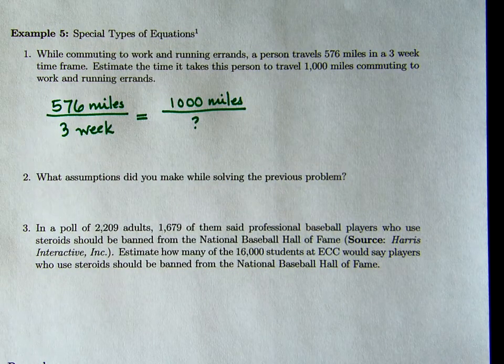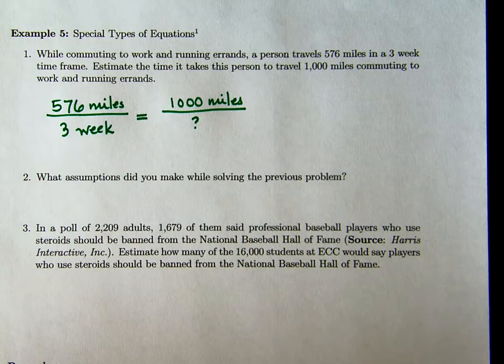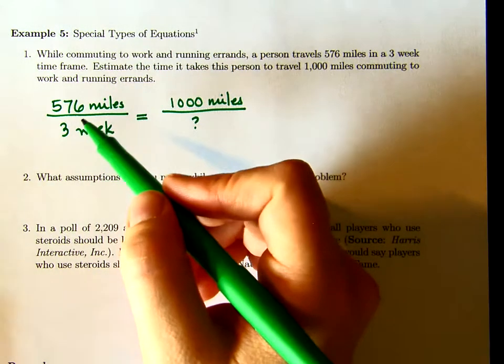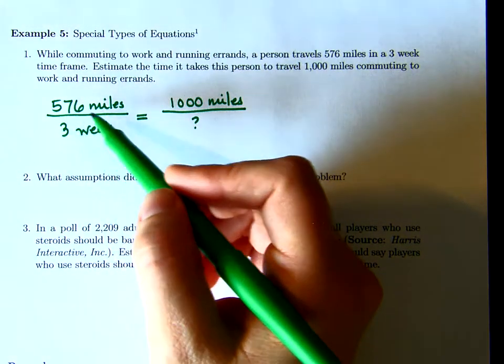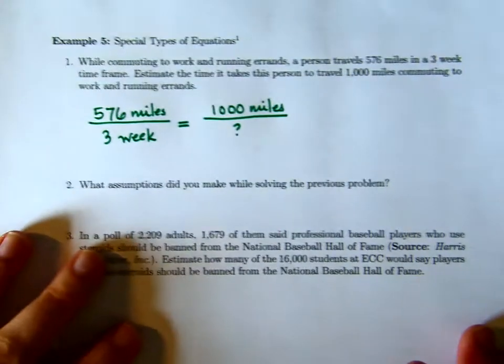Okay, so my students, they're so clever. I've had students solve this in many different ways, but I feel like the one way that has always stuck with me was this. I had a student who took this and actually scaled it down per week.